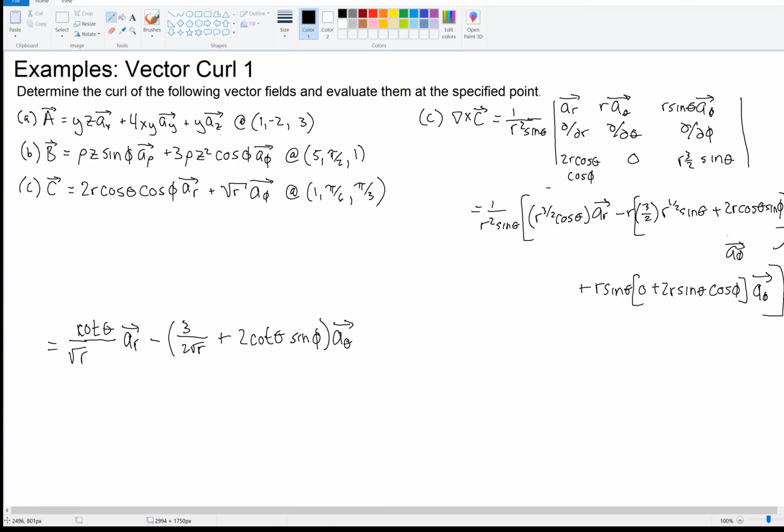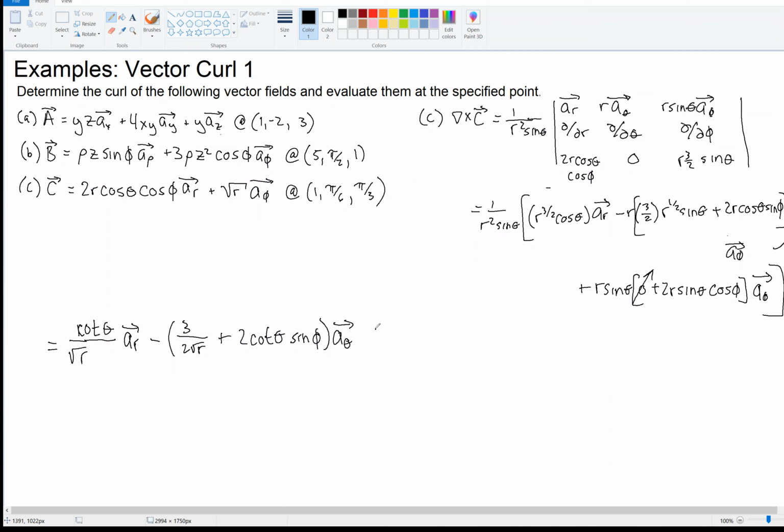And then finally, the phi term, okay, when I distribute this in, so I've got first of all this r to distribute into 0, so that's good, right? That's gone. Then I've got this r to distribute in, makes r squared, but that cancels with this r squared. And then distribute the sine theta in, so that makes sine squared theta, and I've got a 1 canceling with that guy there.